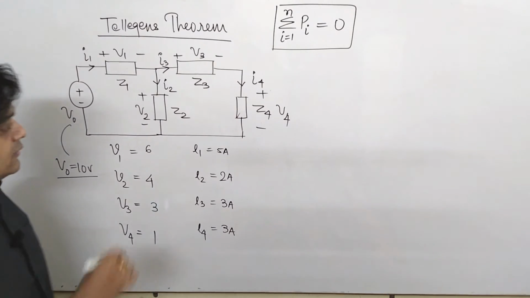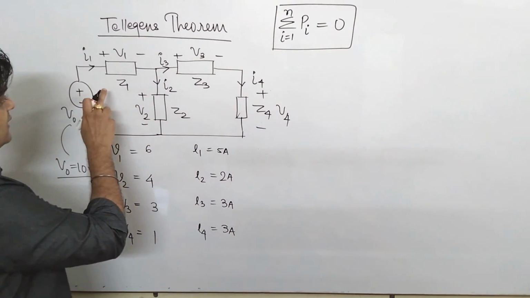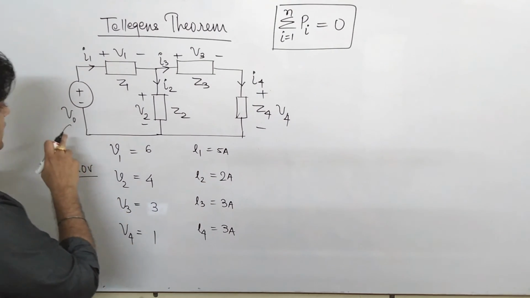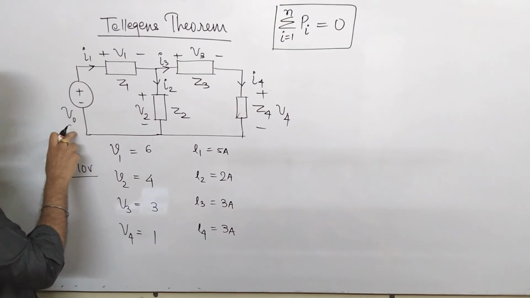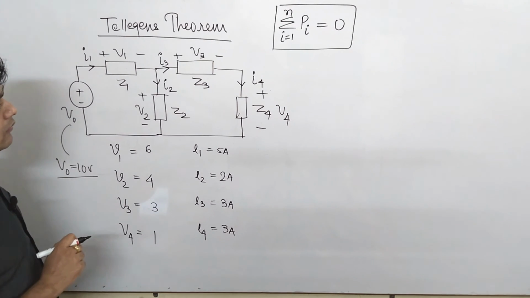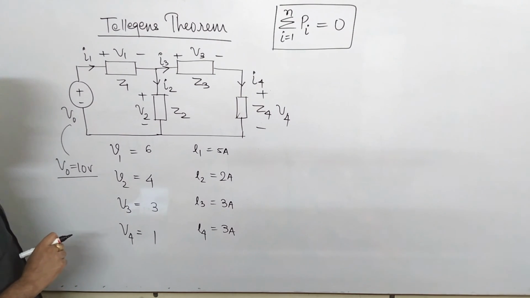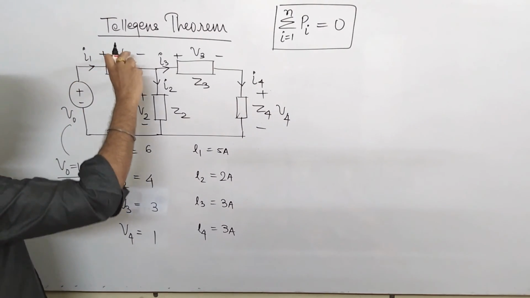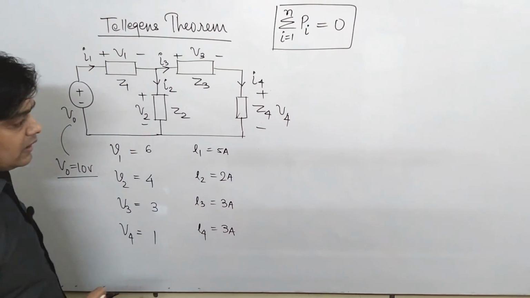For this network, with V1, V2, V3, V4 and V0, what is the algebraic sum of power in this network? You can say there is power because of V0, and because of V1, V2, V3 and V4.